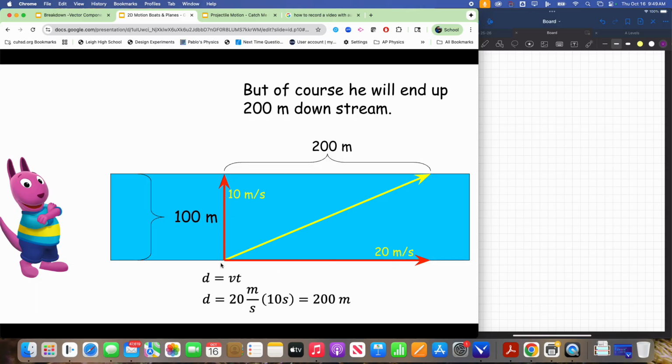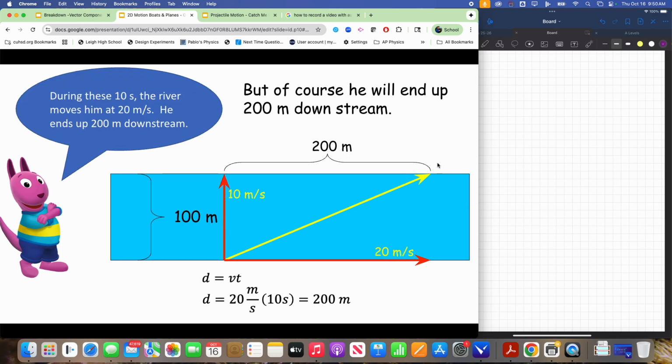And so that's why even though the guy is kayaking across the river in this direction, up, he gets displaced to the right 200 meters because while he was moving up, his boat was actually moving in this direction. So he crosses the river in 10 seconds, but he ends up 200 meters away from his final destination he was shooting for. All right? So that is how you work through two-dimensional problems there.